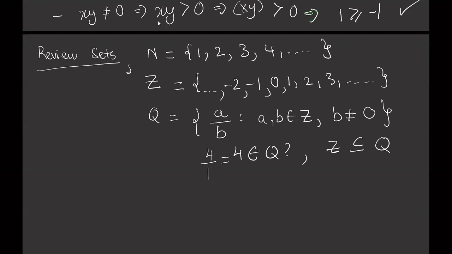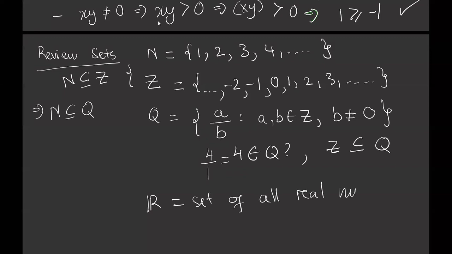And you also have a relationship between N and Z. N is a subset of Z. And Z is a subset of Q. So you can also say N is a subset of Q. And another really common set is R, which is the set of real numbers. Okay. So those are the 4 sets we mainly deal with in this course.